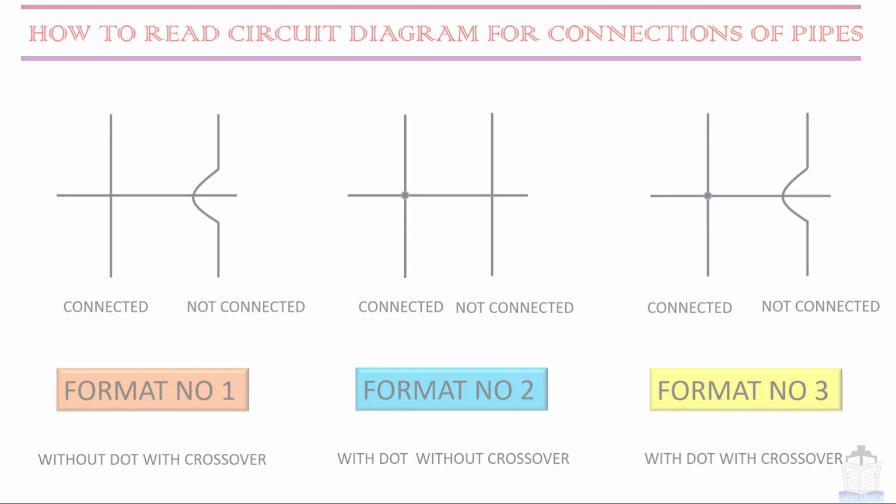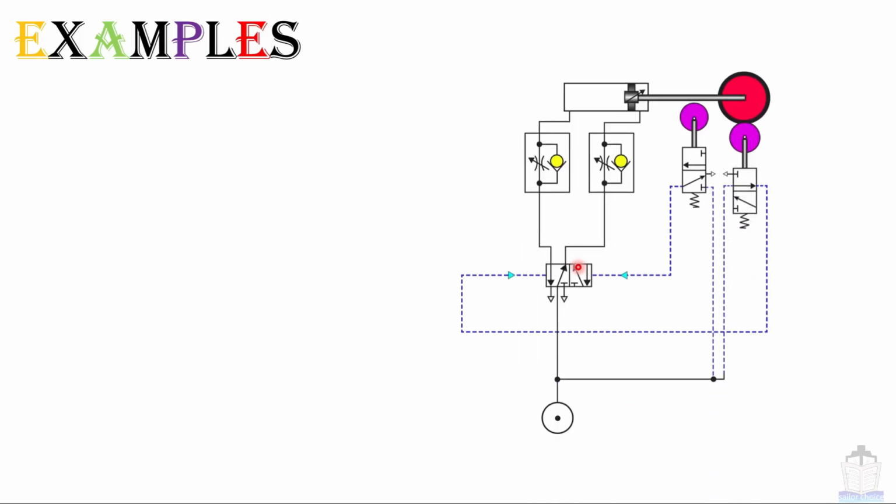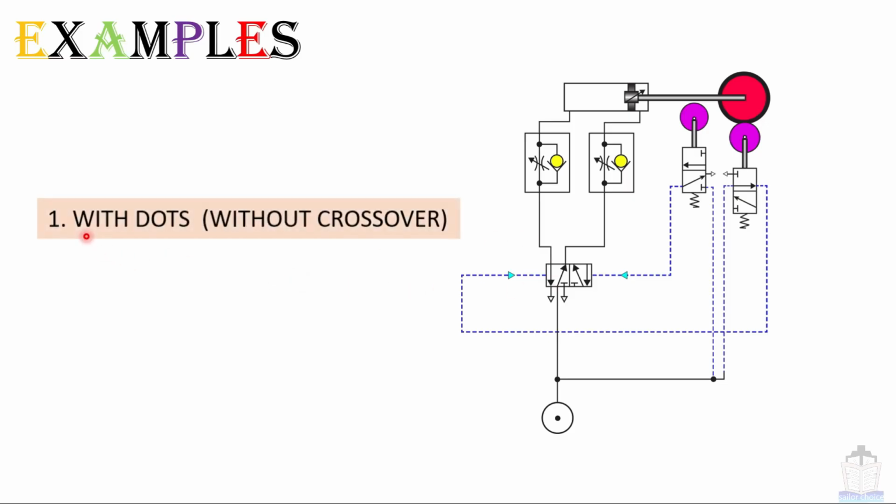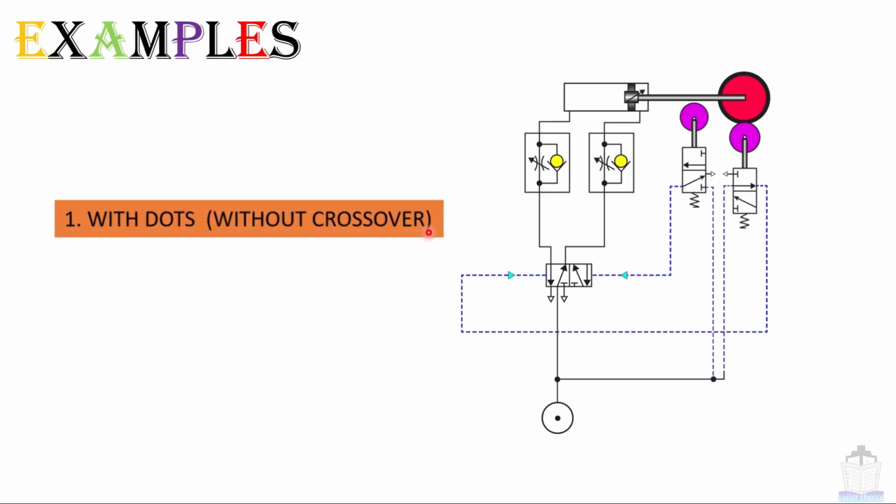Now moving next, we will see some examples. The first example is this one, which we have already seen before. You can see here some dots are present but crossover is not present. Crossover should be here, but crossovers are not being displayed. That means this circuit diagram is with dots, without crossover.